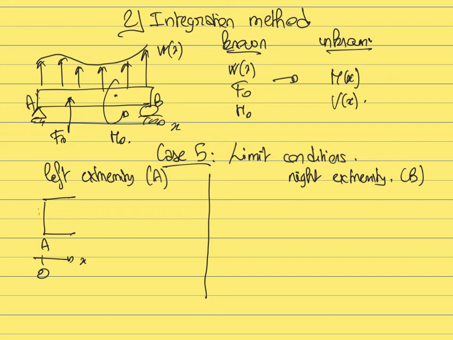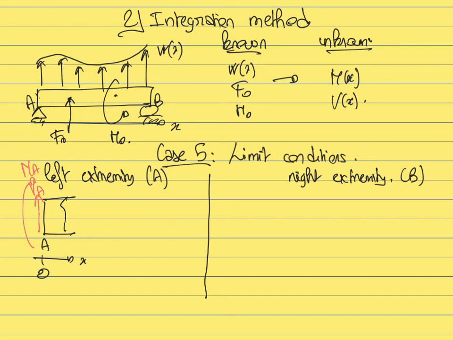So I'm going to assume that there might be potentially an external shear VA that is applied, for example, by a support at the point A, and there might be also a moment. Now I'm going to look at what happens on this beam slightly from the right, at 0 plus.